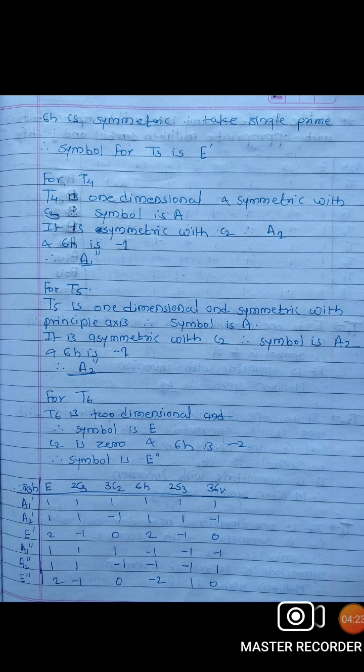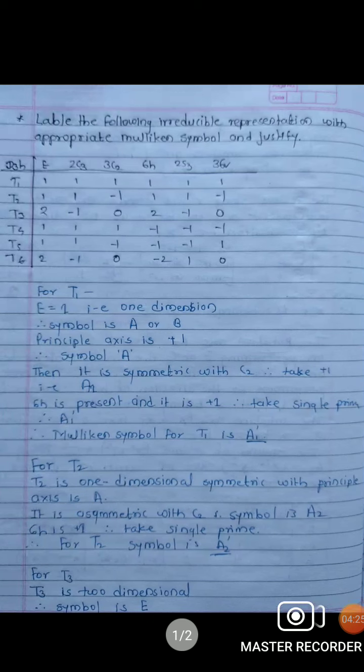Now we discuss the sixth irreducible representation. This sixth irreducible representation is two dimensional. Why? Because identity is 2, therefore it is two dimensional. For two dimensional we take the symbol capital E. There is no importance of the principal axis because the only symbol is capital E. We directly consider C2.